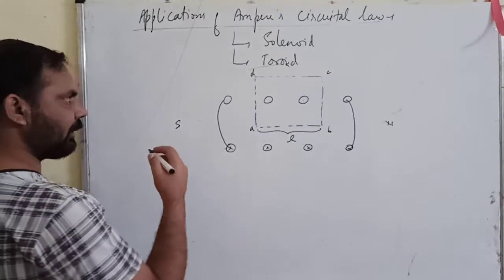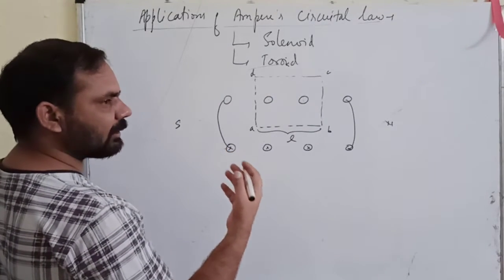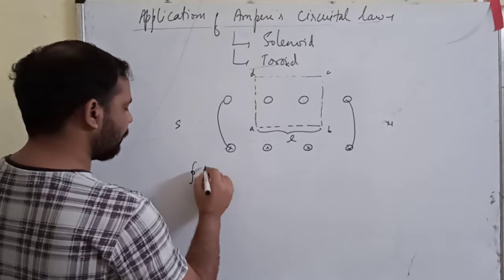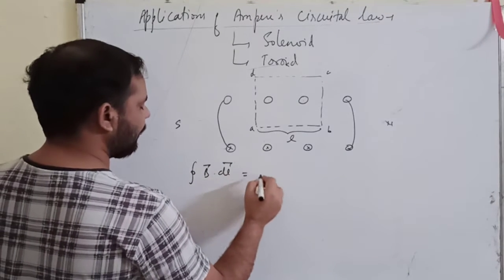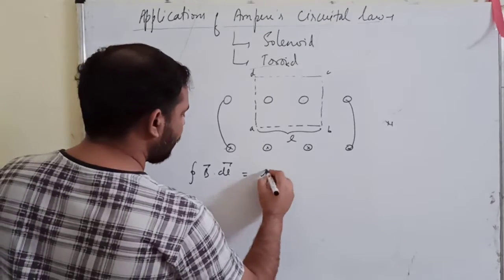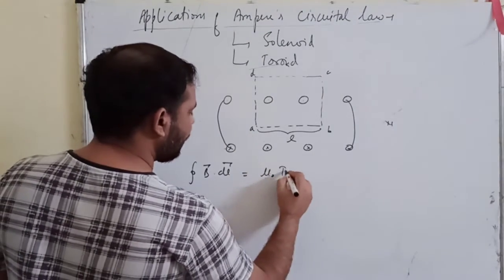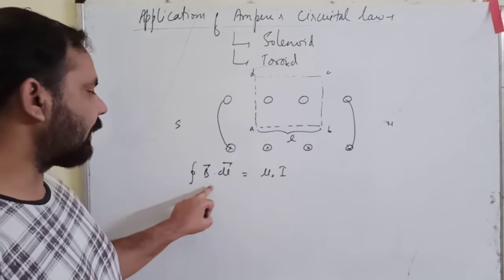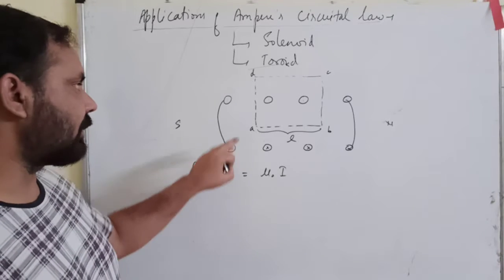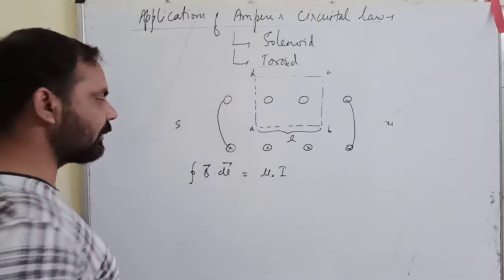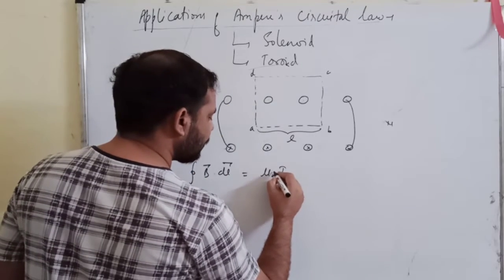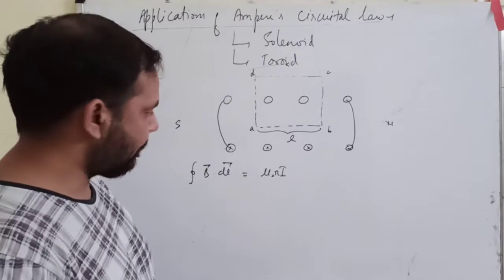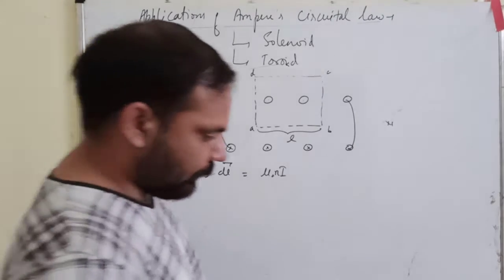Now what our Ampere's circuital law tells us is that the integral of B vector dot dl vector is equal to mu naught times the total current threading through it. Okay, so this is our Ampere's circuital law. Now suppose if we have N turns, then it will be mu naught N i. Right?